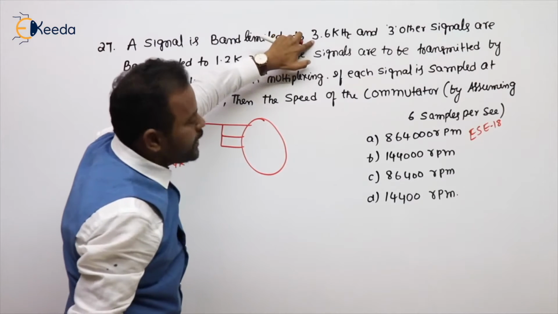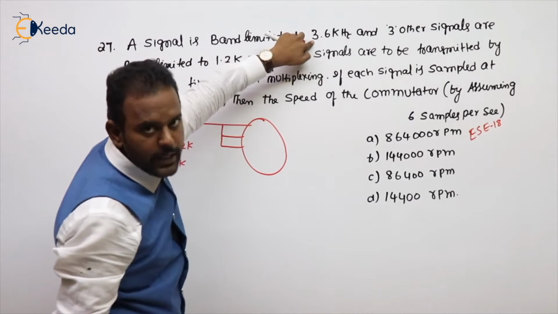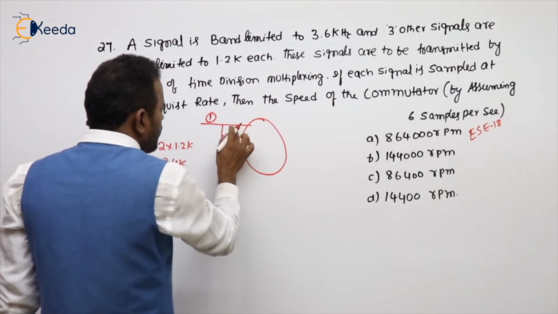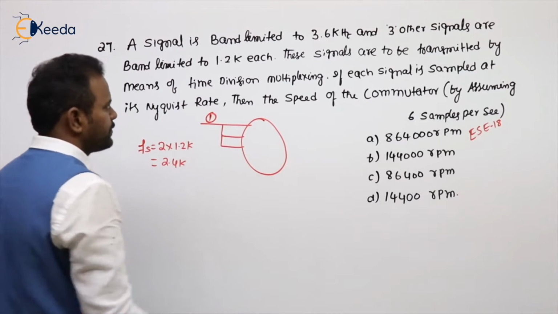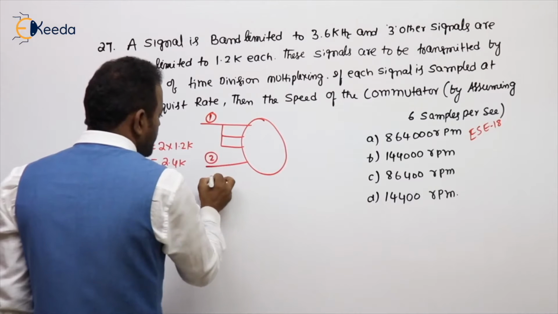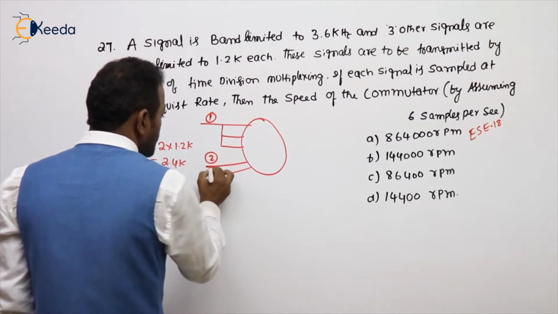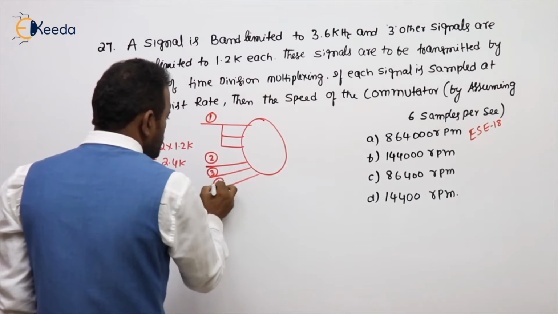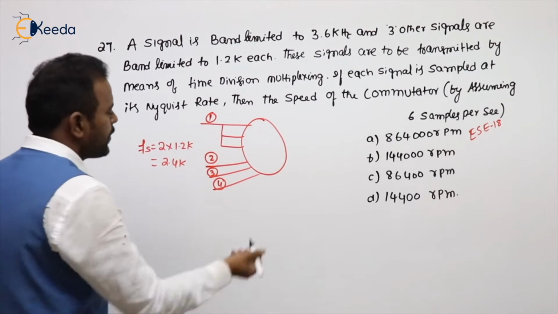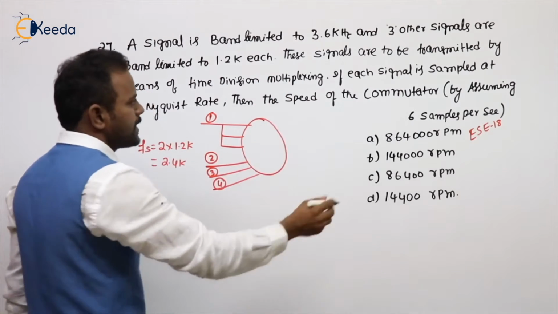For the first one at least I need to maintain 7.2, at least double that. So here 2.4, 2.4, 2.4, that is 7.2. Next, for the second signal, 1 is sufficient. Third signal also 1 sufficient. Fourth signal also 1 sufficient. So in total you will get 6 samples, you can see.